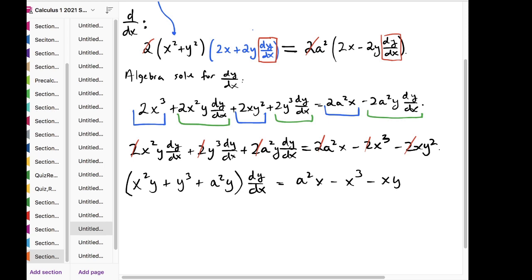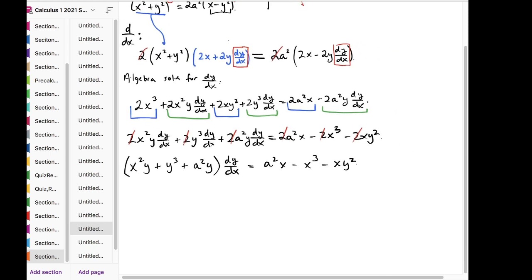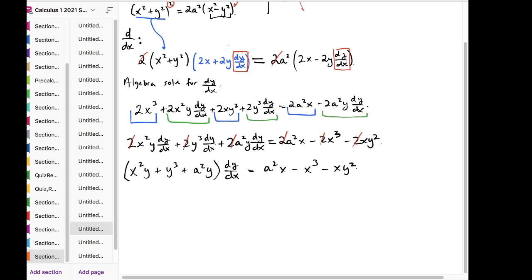One recommendation, if algebra is intimidating and you don't like dy dx, replace it with any letter that you want, right? They're just symbols. They don't mean anything. I mean, they do mean things, but without context, they mean nothing. So they can be anything you want them to be, as long as you say what they are.